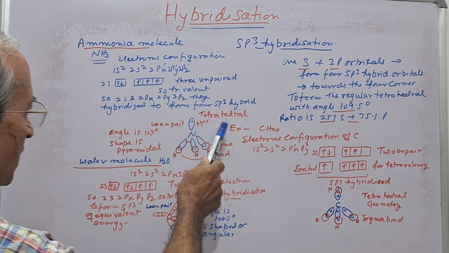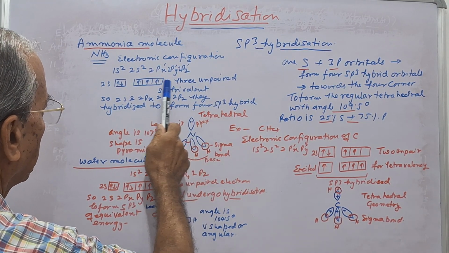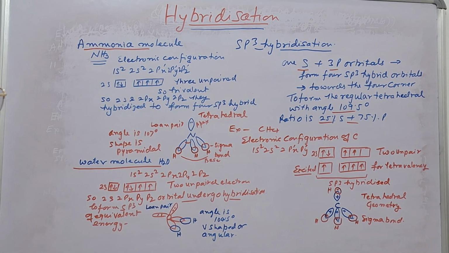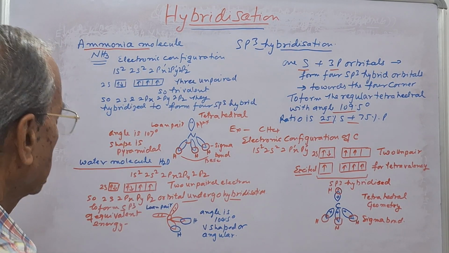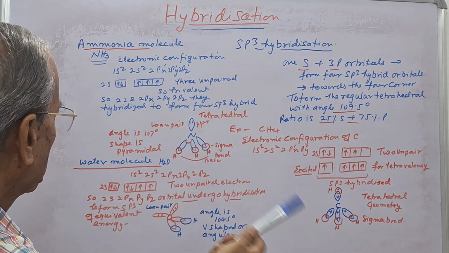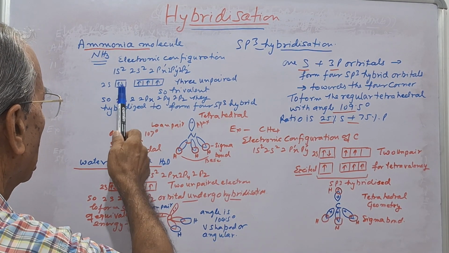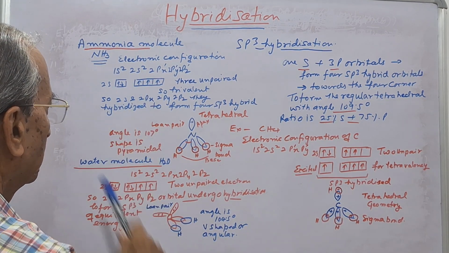In this case, we see three unpaired electrons in the p orbital, and nitrogen shows a valency of 3, so there is no need for promotion of any electron from s to p.